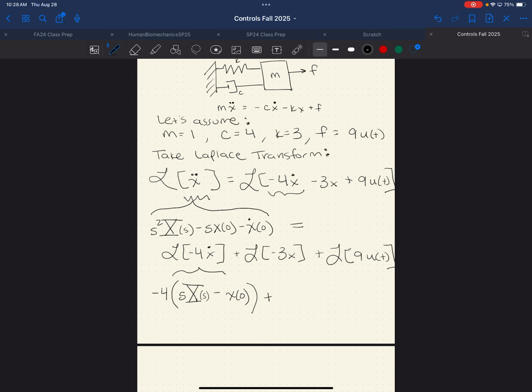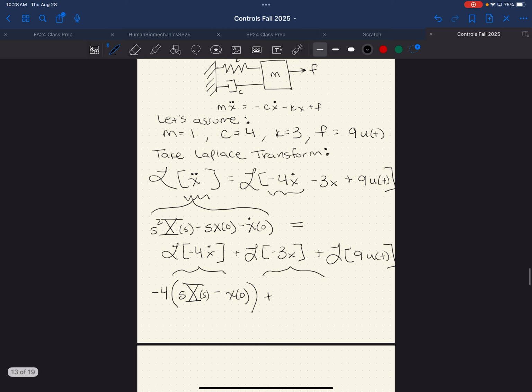Plus, what happens with this guy? So we know that our negative 3 doesn't do a whole lot. It just comes out of the problem, right? What is the Laplace transform of little x? Big X, yeah, that's all we're gonna do. Don't overthink it too much.